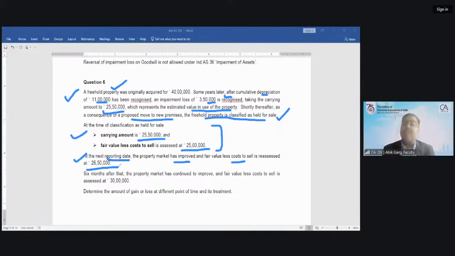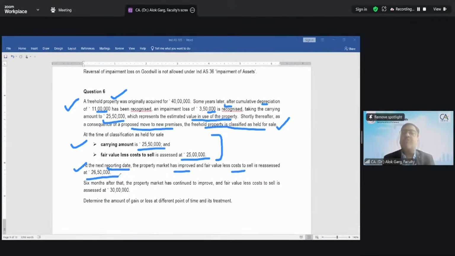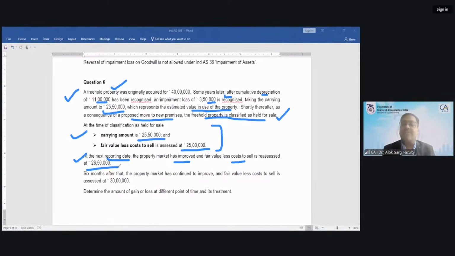So yes, we should recognize the increase, but only to the extent of past cumulative impairment losses. So how much is the past cumulative impairment losses? 4 lakhs, 3.5 plus 0.5. And what is the increase here? 1.5. So we have to revise the value of NCHFS and recognize the increase.